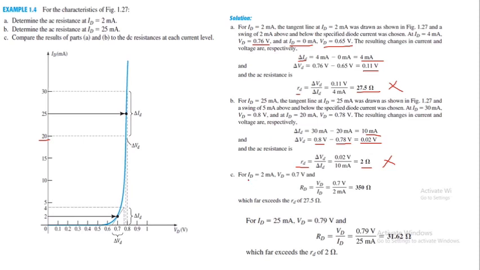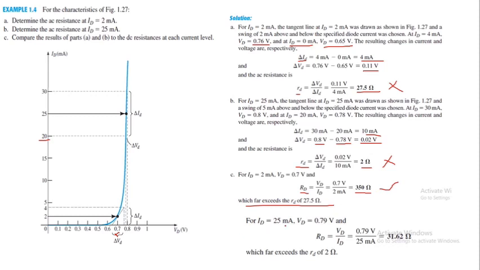For ID equal to 2 milliampere, here you can see VD is equal to 0.7 volt. You can find the DC resistance, which is equal to 350 ohm, which far exceeds the value of 27.5 ohm. That is, the value of DC resistance is much higher than the value of AC resistance.